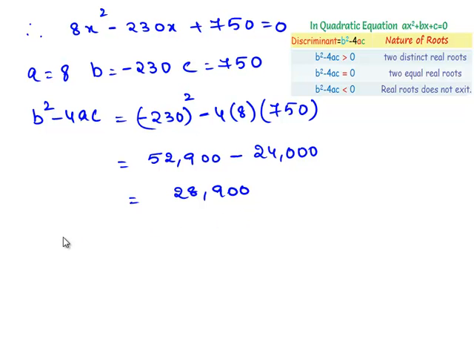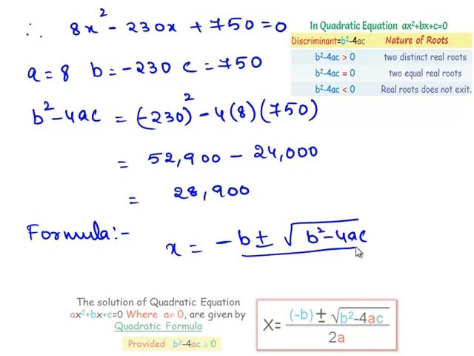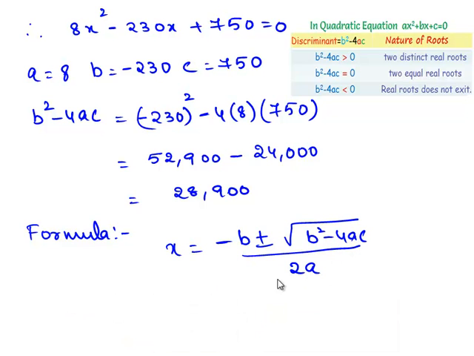So now, to obtain the roots of the quadratic equation, we shall apply the formula. The formula for finding the roots of a quadratic equation is x is equal to minus b plus or minus square root of b square minus 4ac whole divided by 2a. Since we have the values of a, b, and c and b square minus 4ac, we shall substitute them in the formula.